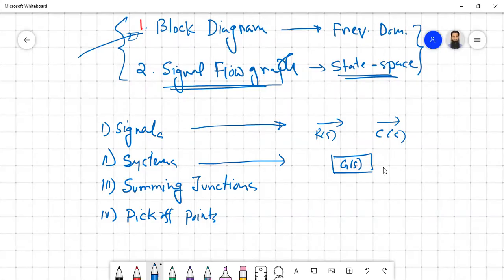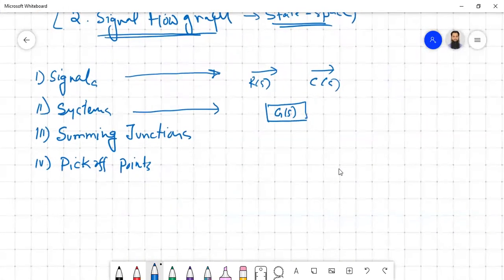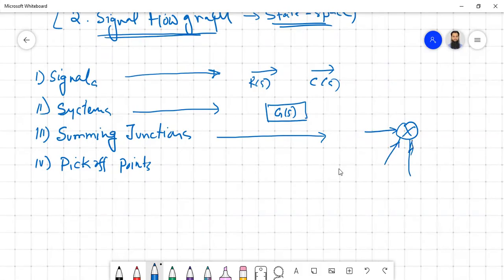In the summing junction, the output is the algebraic summation of different inputs. Say we have three separate inputs going to a junction: R1, R2 and R3, and the signs can be different, like plus, plus, minus, or plus, minus, plus, whatever you like.